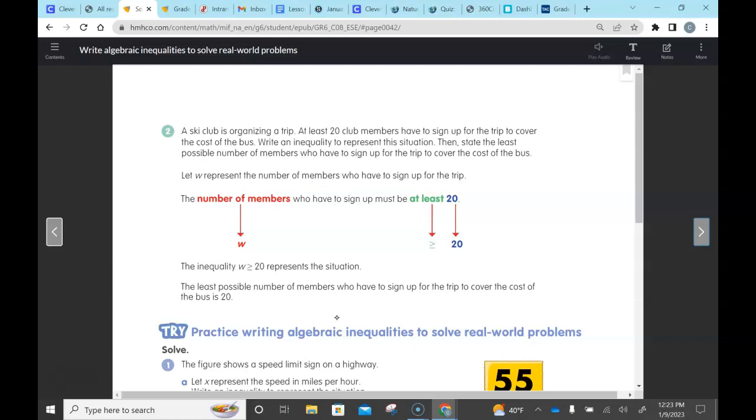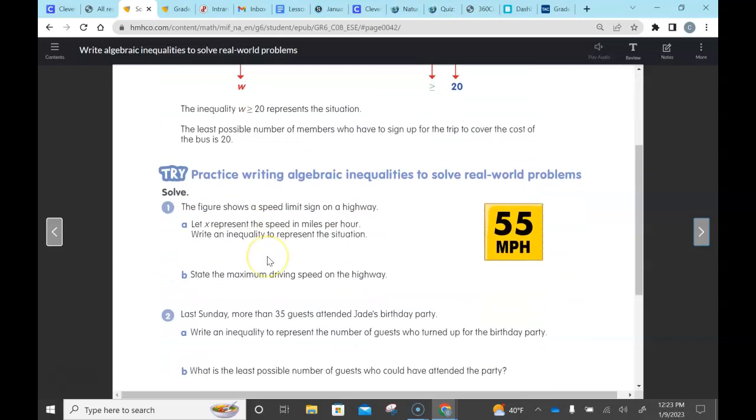Why is that? The least possible number of members who have to sign up to cover the cost of the trip is 20, but it can be greater than that. So since it's either 20 or greater, that's when you put the line underneath the symbol there.